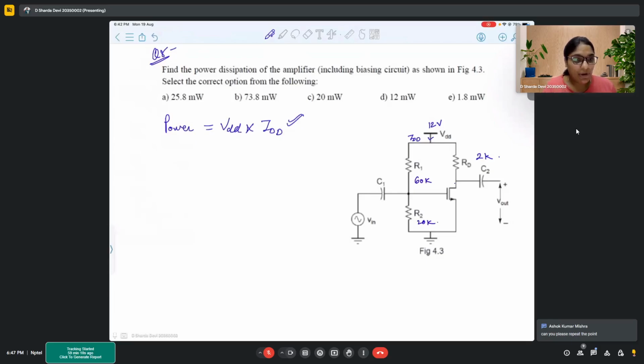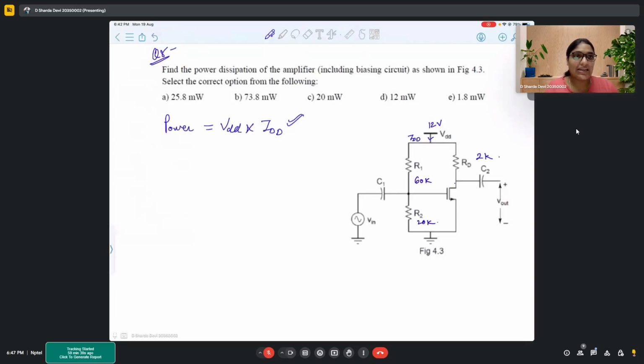My point is that here there are two circuits. If you see from VDD to ground, this is one circuit and this is another circuit. This is what I'm calling the biasing circuit, consisting of R1 and R2.